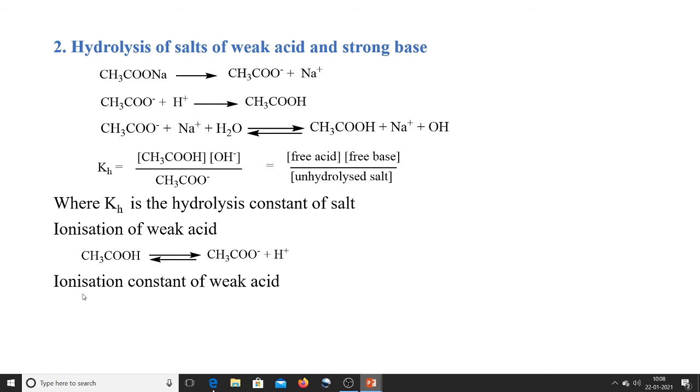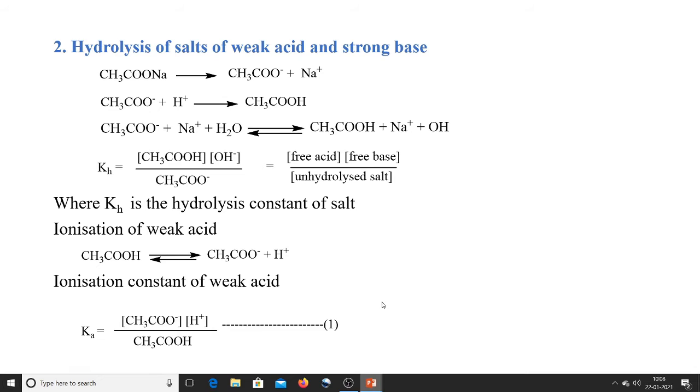Next equilibria, ionization constant of weak acid, that means Ka is equal to CH3COO minus into H plus upon acetic acid.